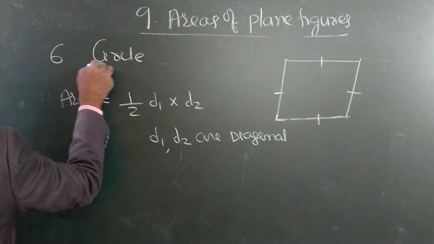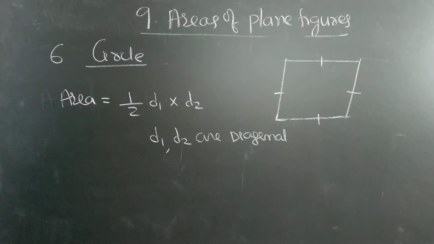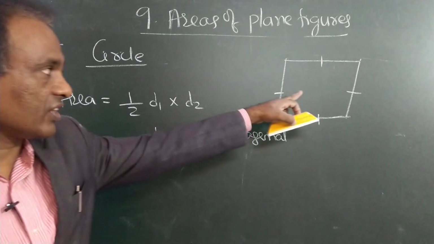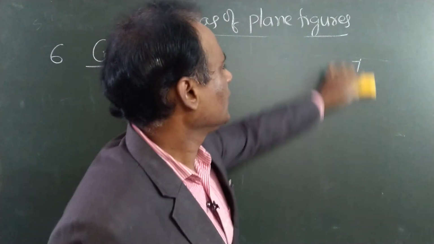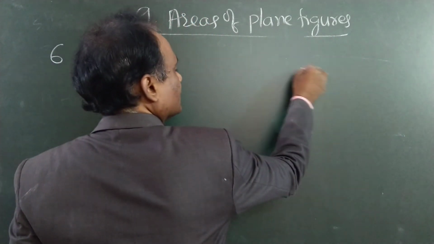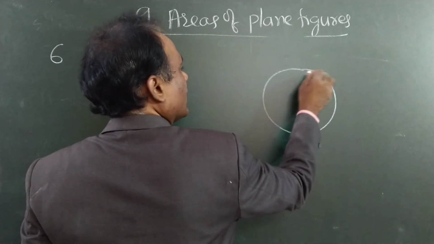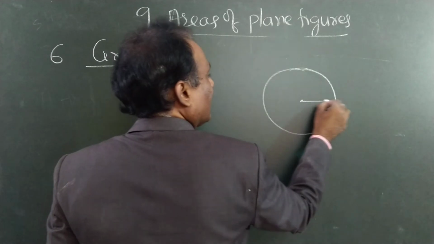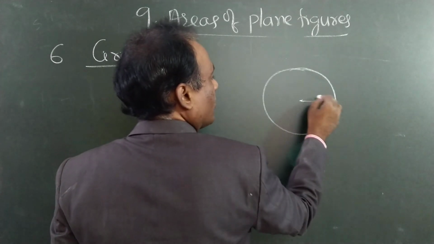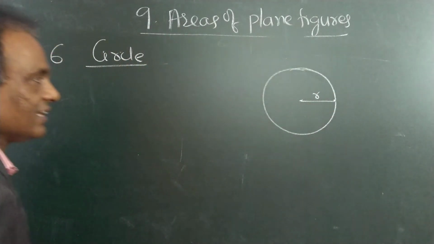Circle. Write down. Half d1 into d2, that is the rhombus. Circle. This is a circle. This is called its center, and the distance from center to any point on the circle is called its radius.